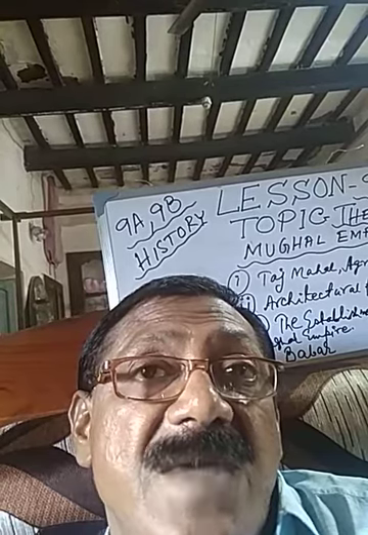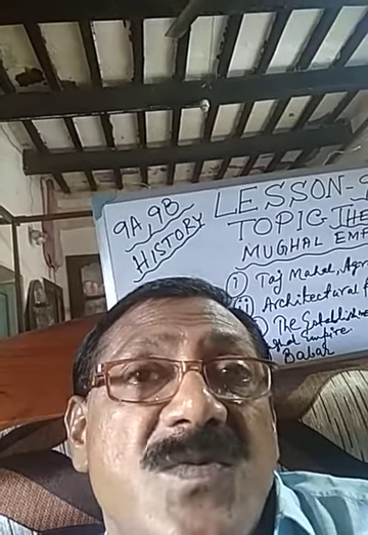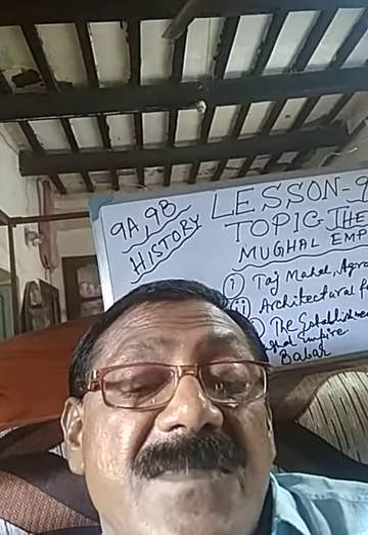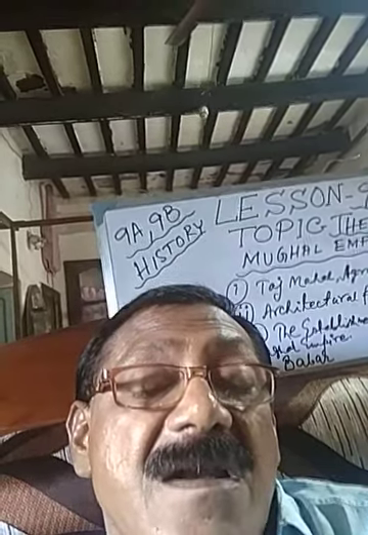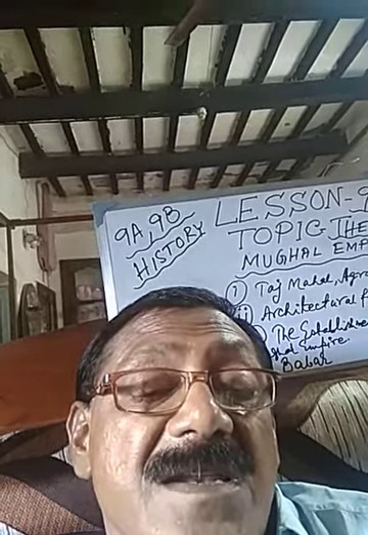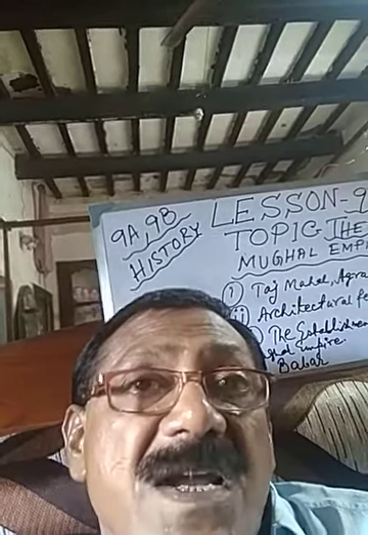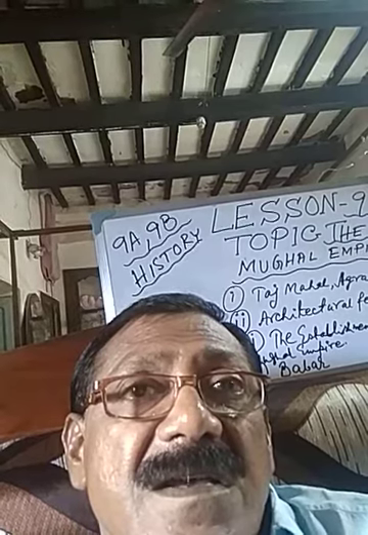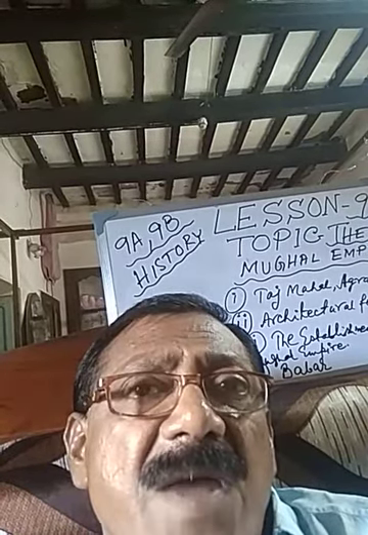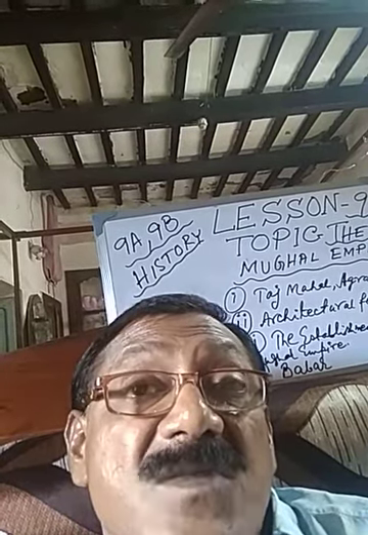He defeated the Rajputs in 1527. In 1526 he defeated Ibrahim Lodi, and then he defeated the Rajputs the next year, in 1527. He defeated Afghans at the Battle of Ghagra in 1529. So the two years, 1527 and 1529, gave him a permanent place in India as a ruler.